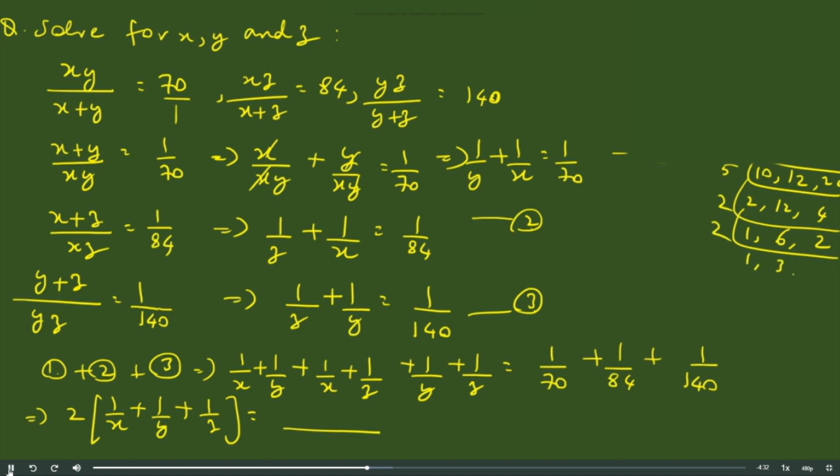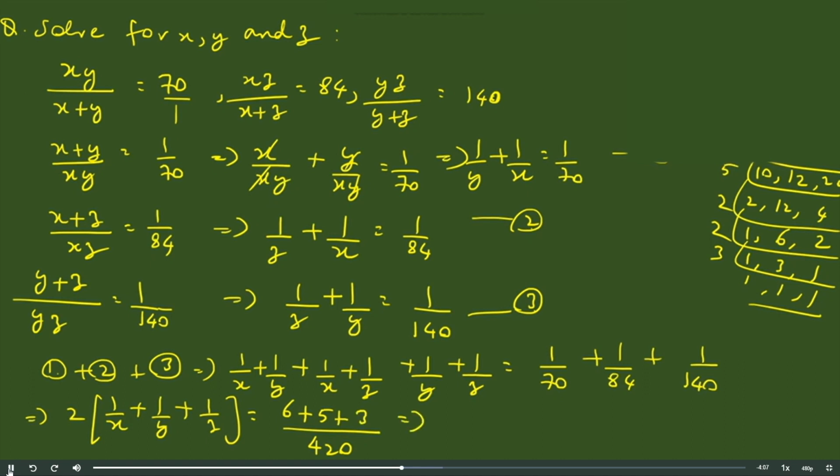So it is 7 into 5 are 35, 2s are 70, 2s are 140 into 3 is 420. So LCM is 420. 70 into 6 is 6, plus 84 into 5, so plus 5, plus 140 into 3, which is 3.